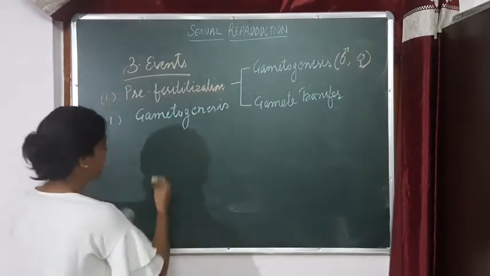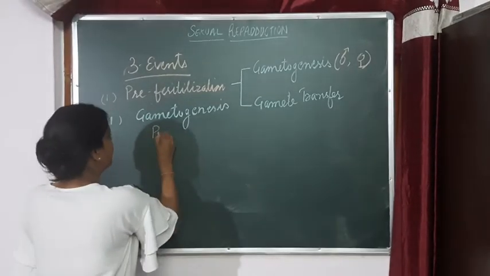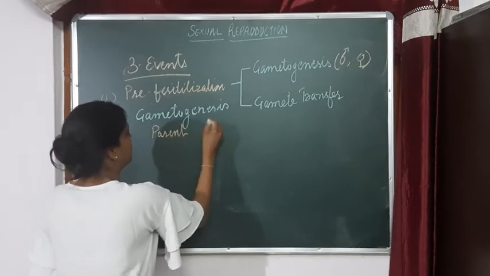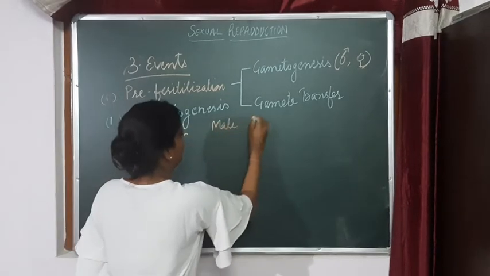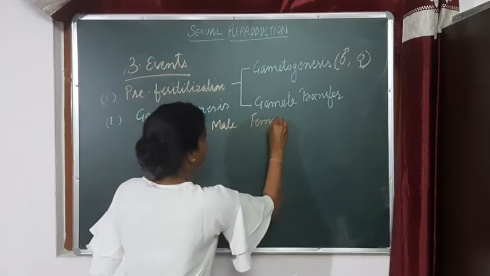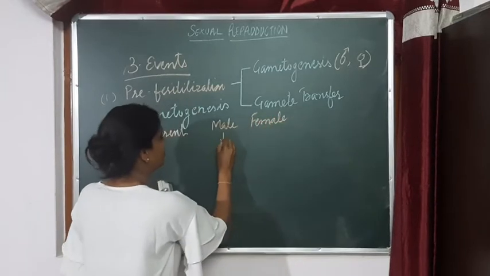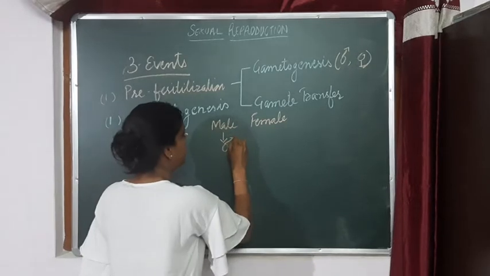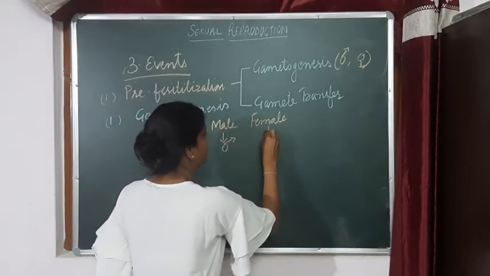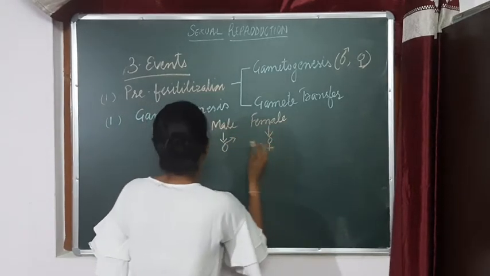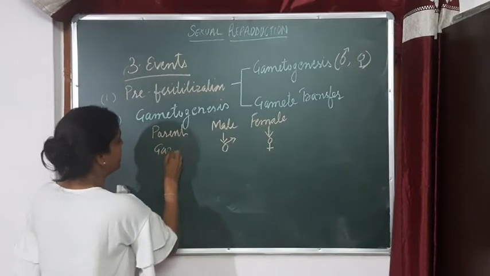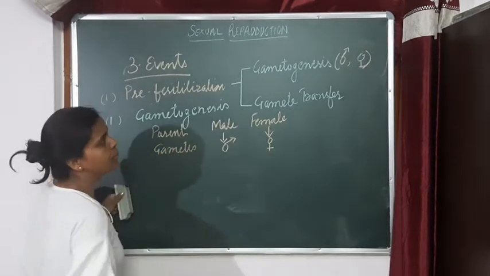If this is a male parent, for example, male and female parents, the male is going to produce a male gamete and the female is going to produce a female gamete. So the gametes are produced, right?